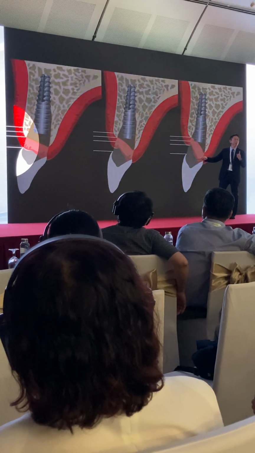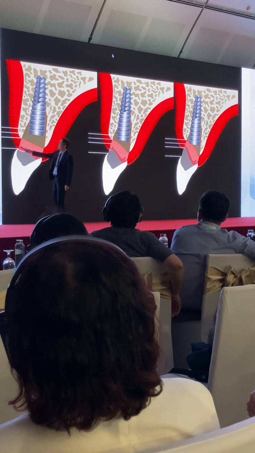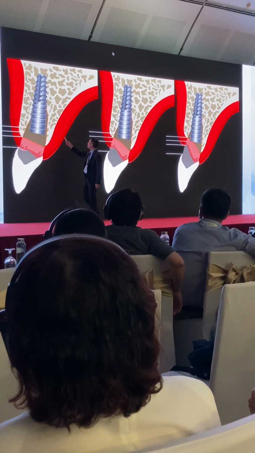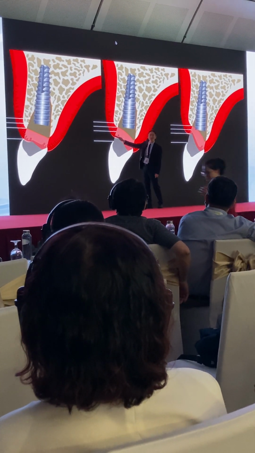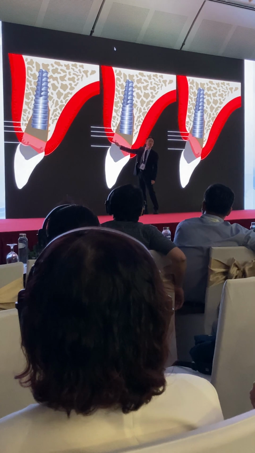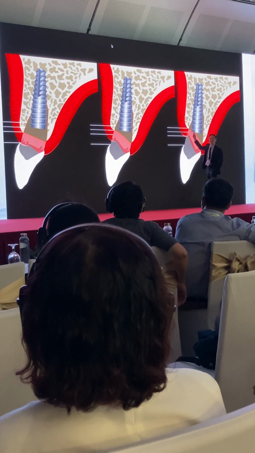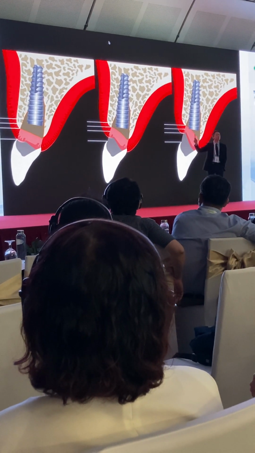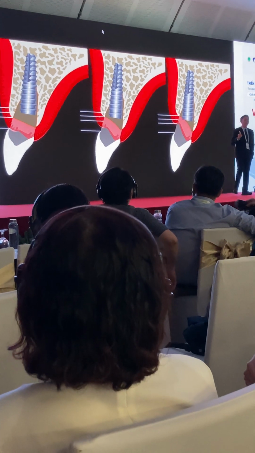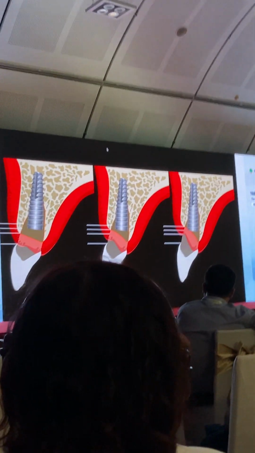The buccal bone is very important. Now we have good soft tissue because we have good bone. But if we lose a millimeter of bone, guess what? Tissue goes down, goes apically. And if you lose more, even though the implant is in position, guess what? We have recession. So if you say implant position, no, actually, bone and soft tissue affect the result, right?